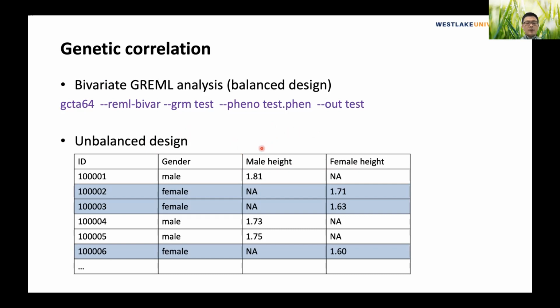So in this case, I have phenotypes, male height measured on males only and the female height measured on females only. If you input a phenotype file like this into this bivariate GREML analysis, the program can also estimate the genetic correlation, which is essentially the male and female genetic correlation.